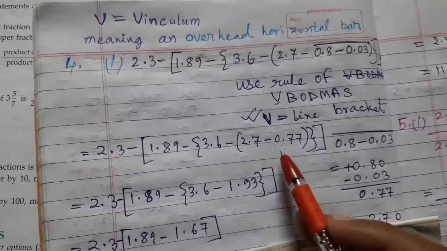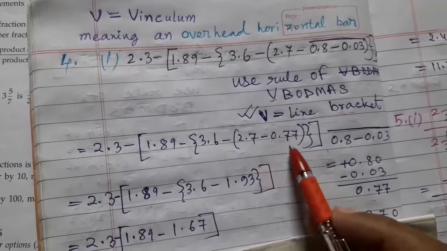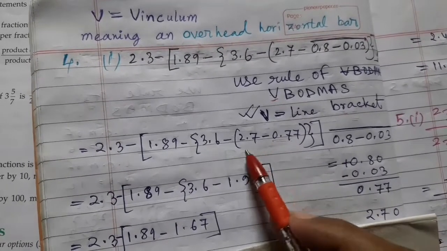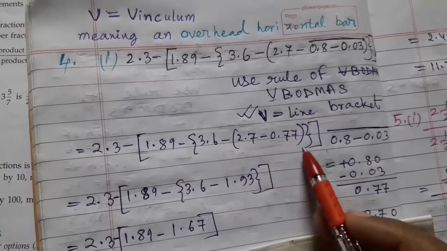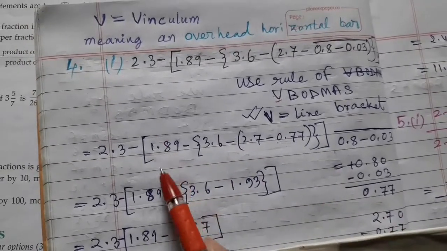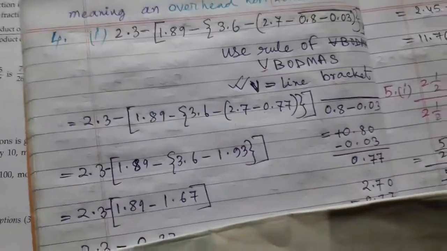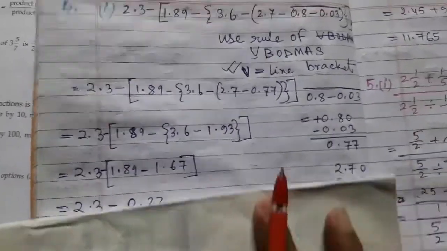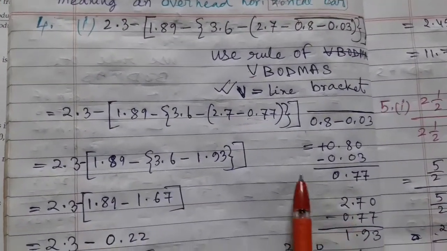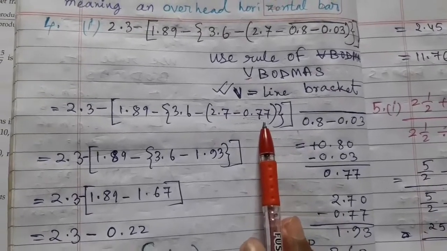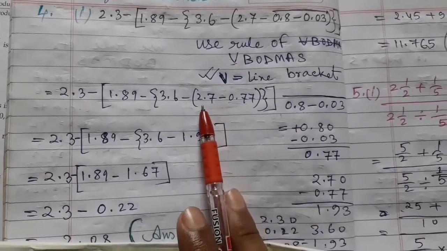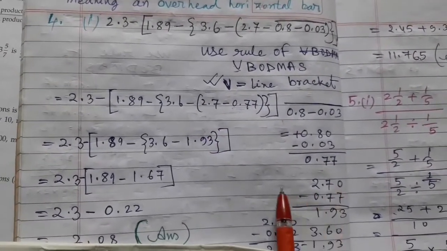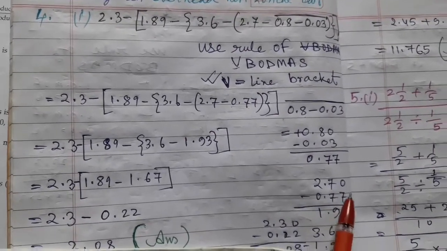Next, 2.7, subtract bracket, common bracket. We have to solve first bracket, curly bracket, rectangular bracket. There is an order of brackets. Okay, 2.7, after the decimal there are 2 places, so we have to write 2 places. 2.70, subtract 0.77.